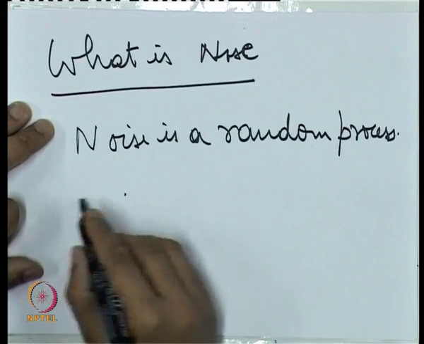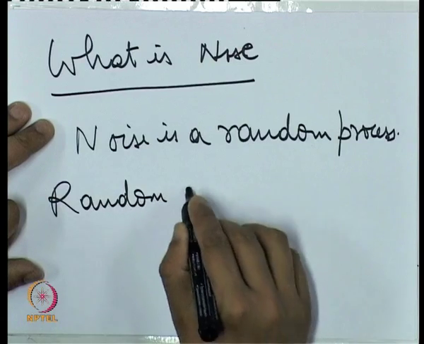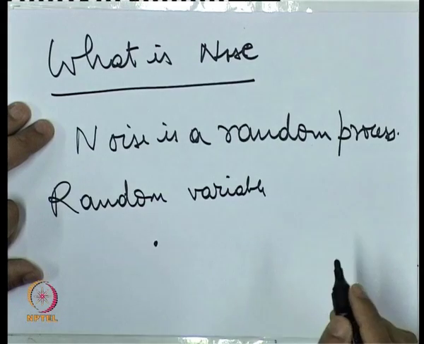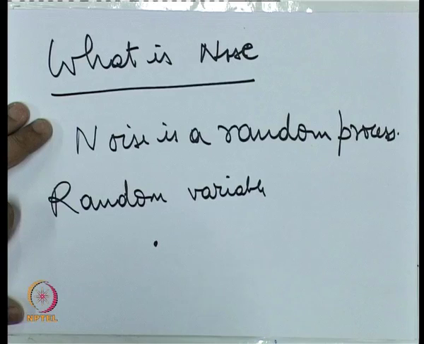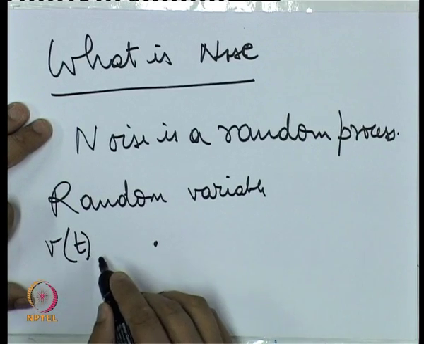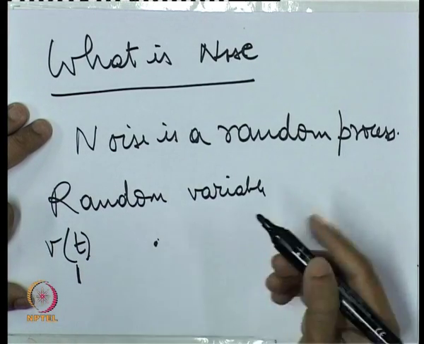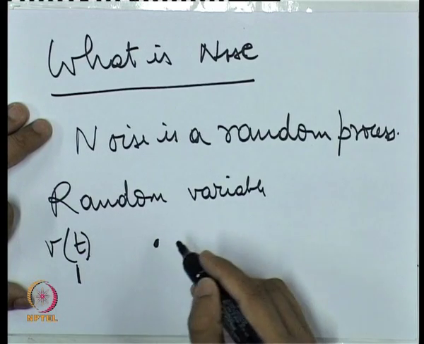First, let us see what is a random variable. A random variable is a quantity which doesn't have any fixed value, unlike deterministic quantities, say a voltage. At a particular instant, a voltage will have a definite value. But say noise voltage, it doesn't have any particular value.